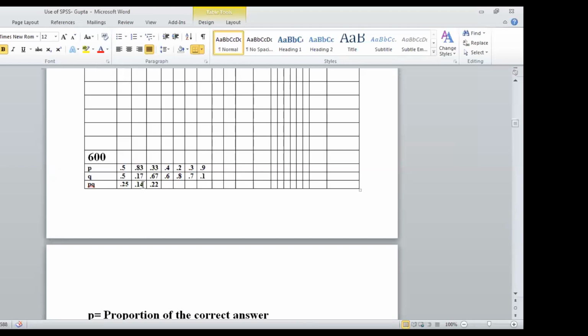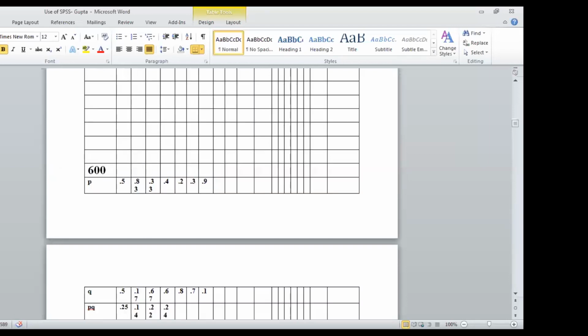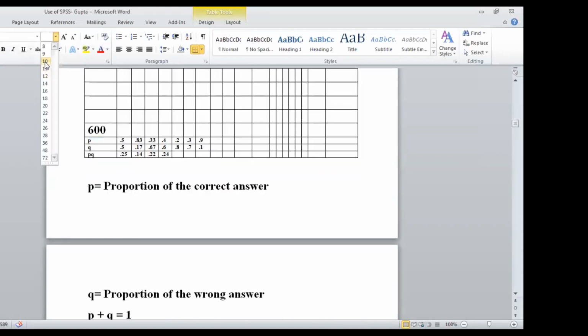And this will be 0.24. So you can keep on finding out. This will be 0.16.